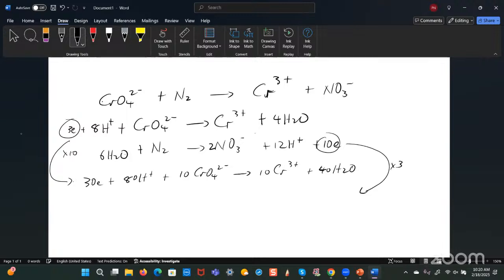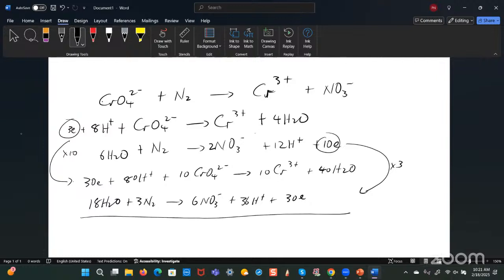So that will give you 18 water molecules plus 3 nitrogen molecules to give 6 NO3 ions plus 36 H plus plus 30 electrons. And then we add these equations together and the 30 electrons will cancel out, right? But there are some other things that will cancel out as well, because we try to cancel out common items on either side of the equation. So what else do you think will cancel out?